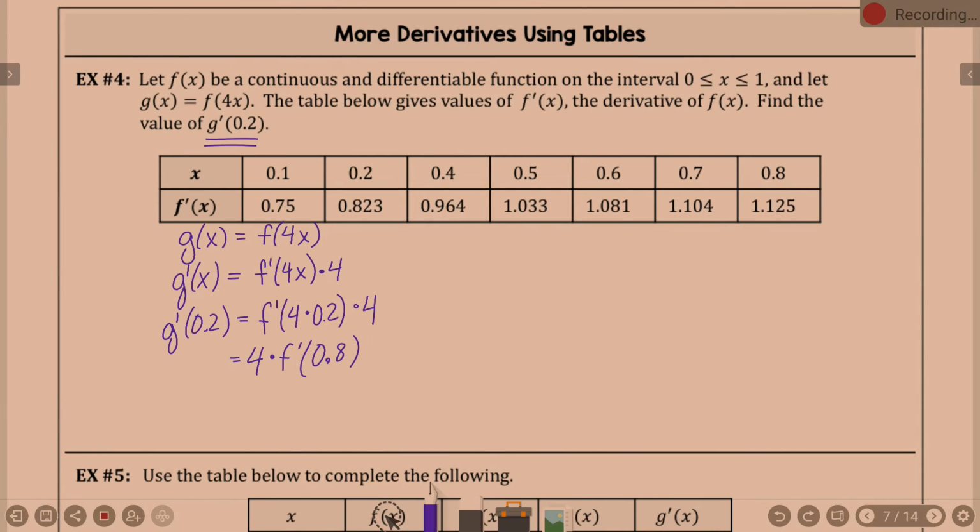So 4 times, according to the table, 1.125. And this is going to be g prime of 2/10. And it does work out to be 4.5.